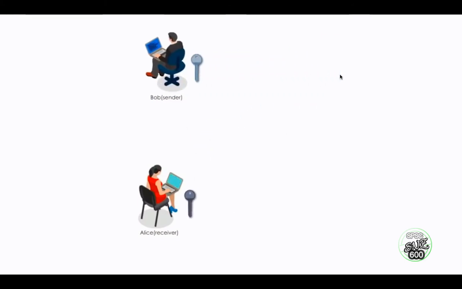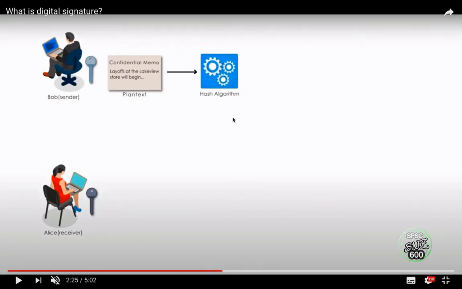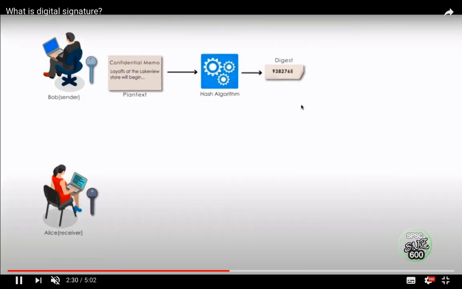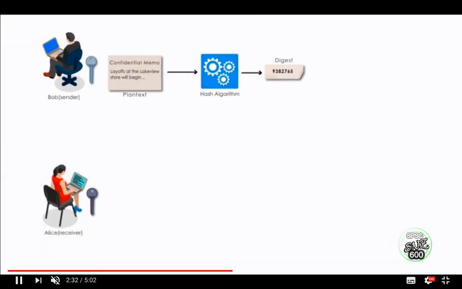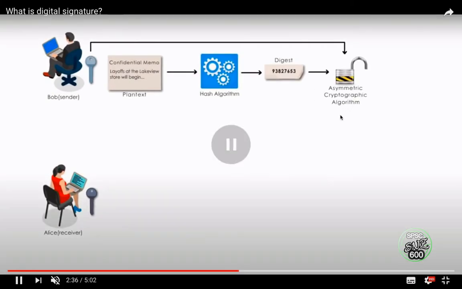Now Bob writes a plain text message, and the message is run through a hashing algorithm, and the digest is produced. Now the digest is encrypted using Bob's private key.